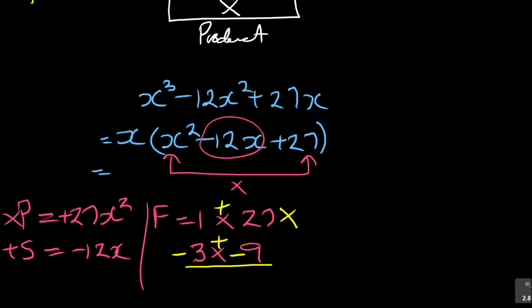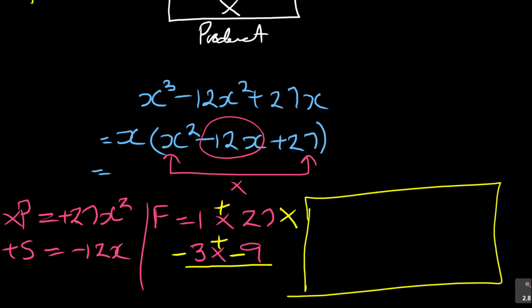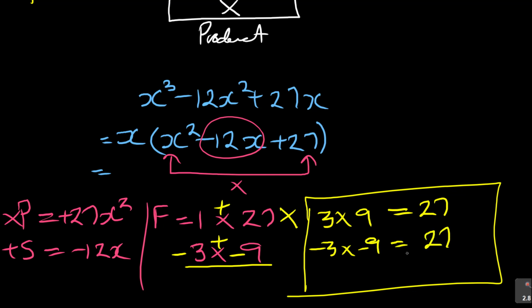To get a 27 that is positive, you are either saying 3 times 9, get what? 27, or it's minus 3 times minus 9, you get what? 27. Hence we said add this version, not this one. If you add this one, you get a positive 12, but this one you get a negative 12. You see why.